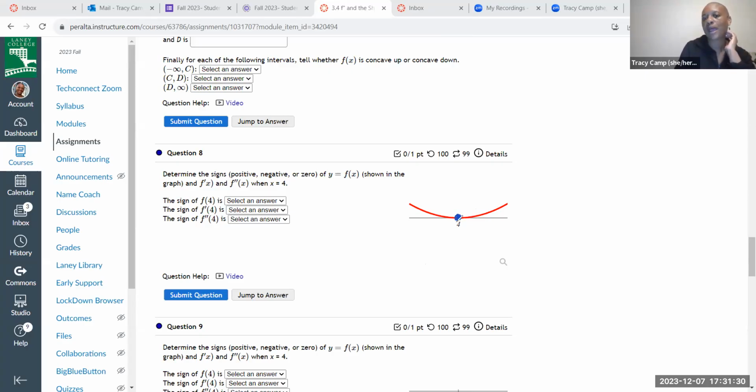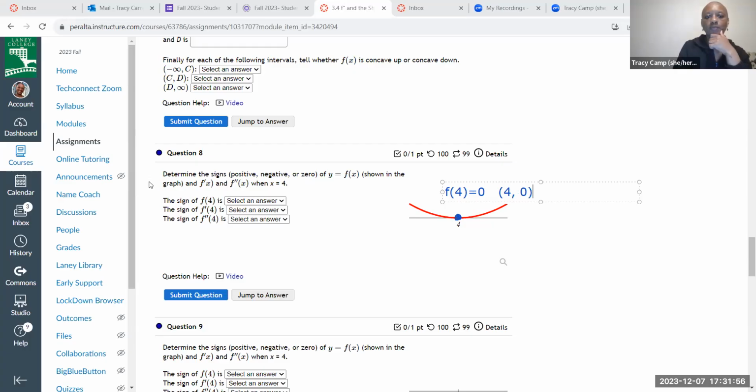So if we think of the black horizontal line here as the x-axis, then we could say, and that's what I think they're assuming, that f of 4 equals 0 because it's on the x-axis. It looks like this is the point (4, 0), which is the same thing as saying f of 4 equals 0.